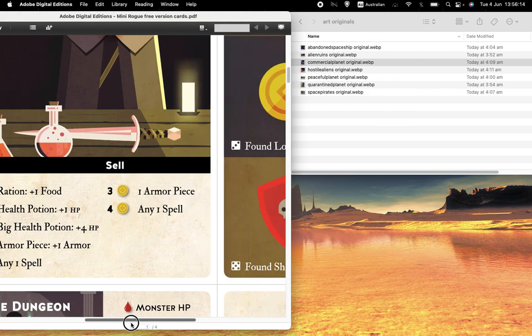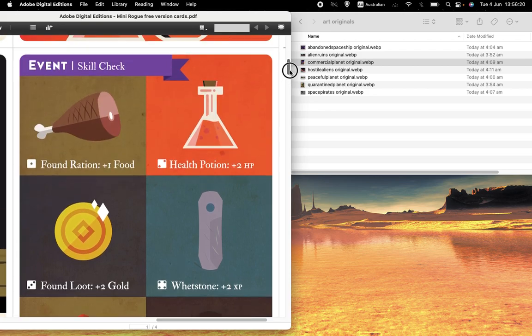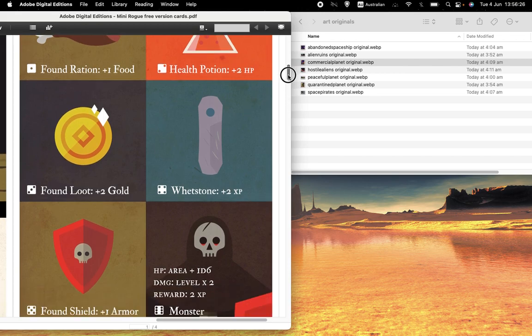And then we have event, where you have to roll a dice. You may find various things which are useful to you, or you might uncover a monster. And I've decided to call that Alien Ruins.